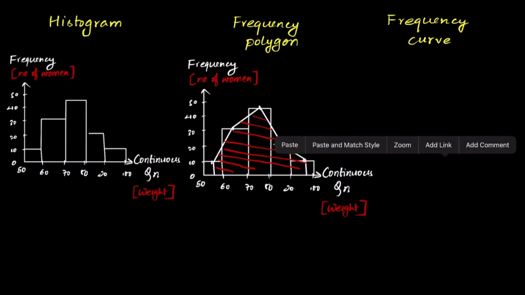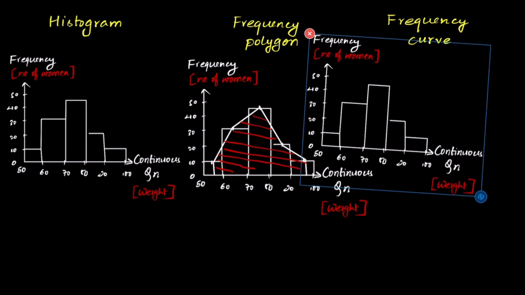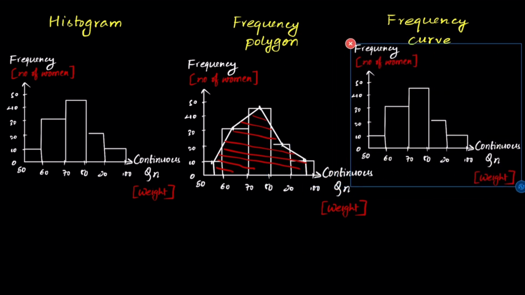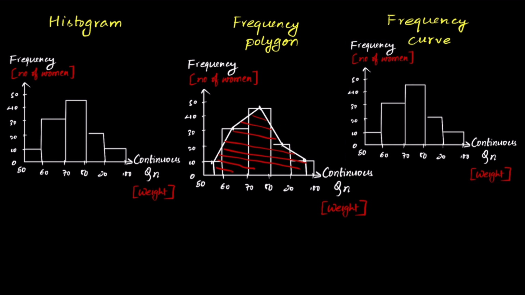Okay, next you have frequency curve. In frequency curve, what you do is basically replace these sharp edges with the help of curves. Let me show you how. So first you take the midpoints.